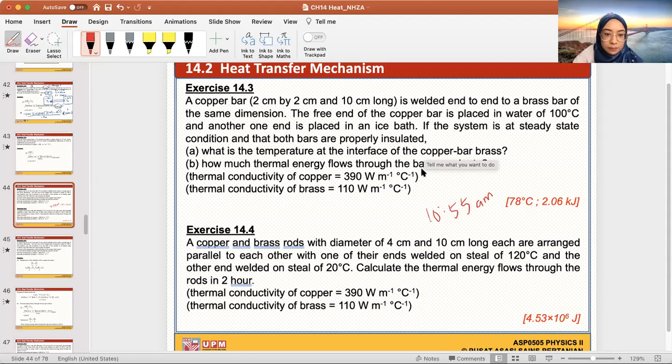Shasha, can you help me with B? Yes, Doctor. Okay, B in a moment. InsyaAllah, Doctor.